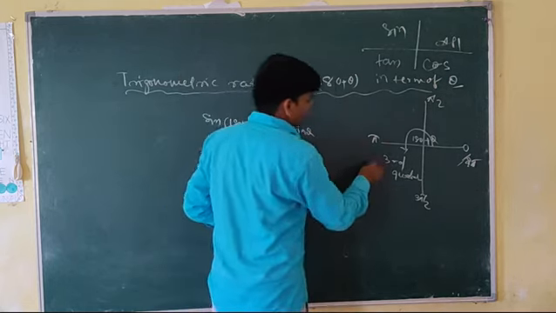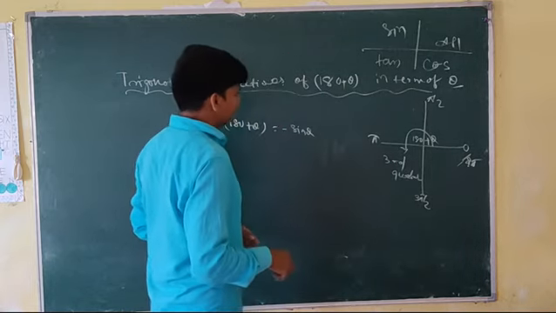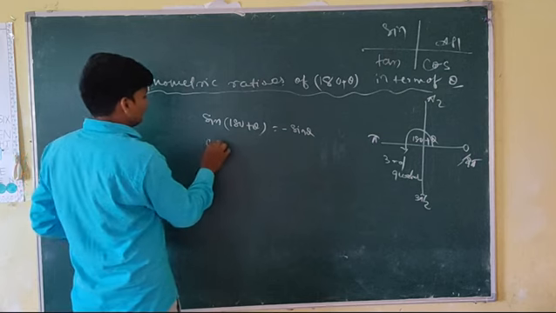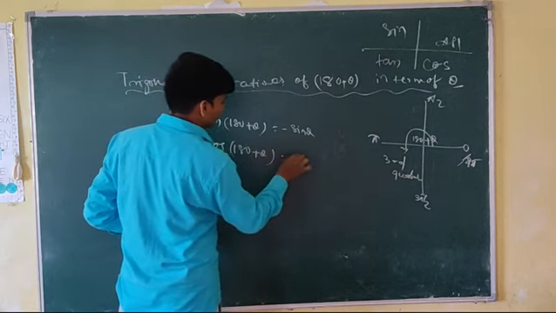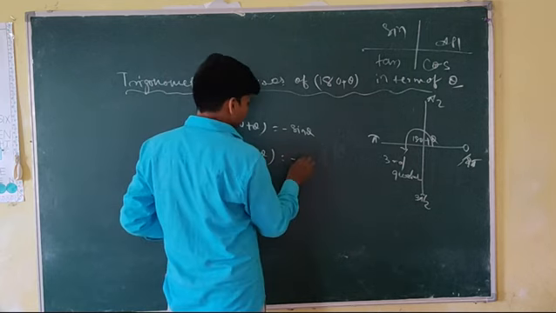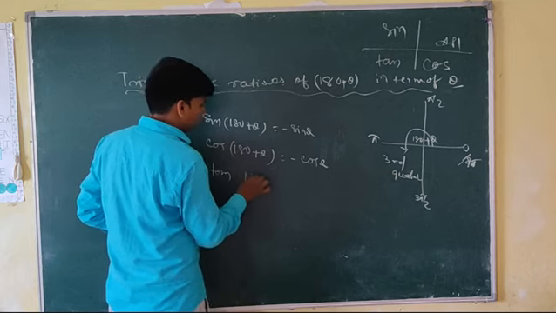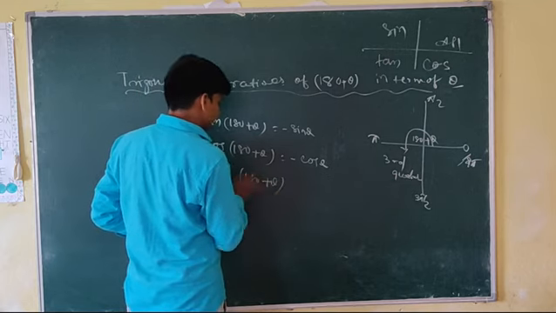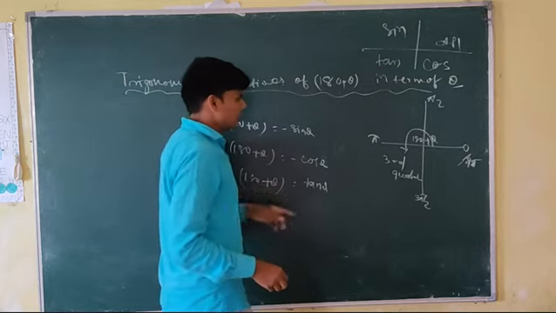Because here only tan and cot are positive, the rest are negative. Okay, cos of 180 plus theta is also minus cos theta. Tan of 180 plus theta, here this is positive. Why? This angle will fall in the third quadrant.